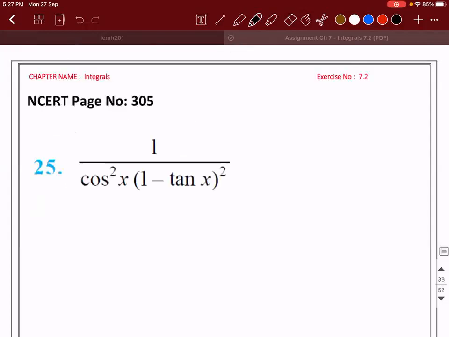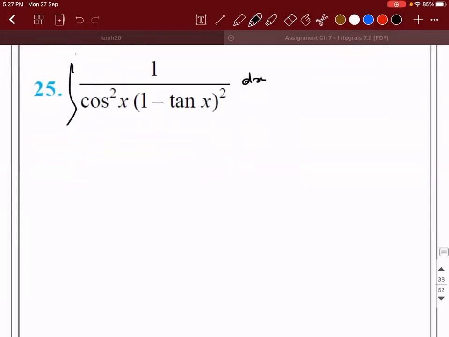Next one. So 1 by cos square x can be written as secant square x divided by 1 minus tan x the whole square times dx. Right? So you tell me, what are we supposed to do? Take 1 minus tan x as t, sir.